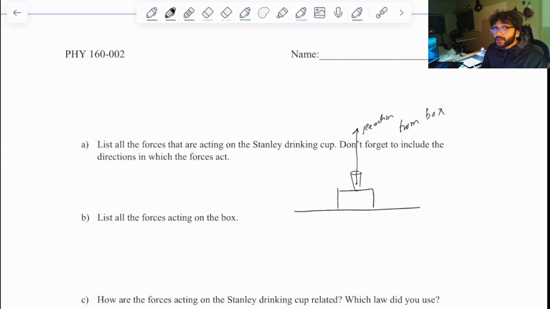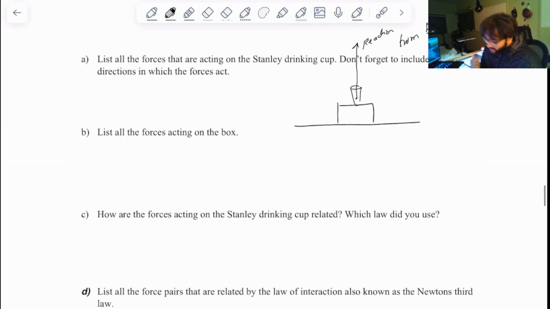And if you are curious, this reaction is because of the action of the weight of the Stanley Cup on the box. There's always an action and reaction pair. We're not talking about that just now, but in case you're wondering, that reaction is because of the weight the Stanley Cup is exerting on the box.